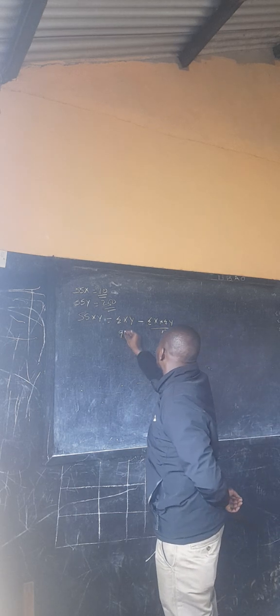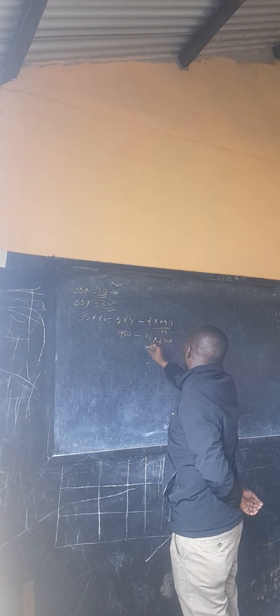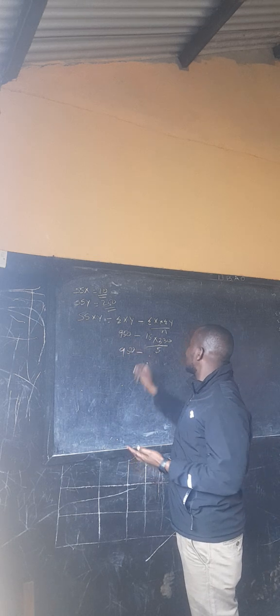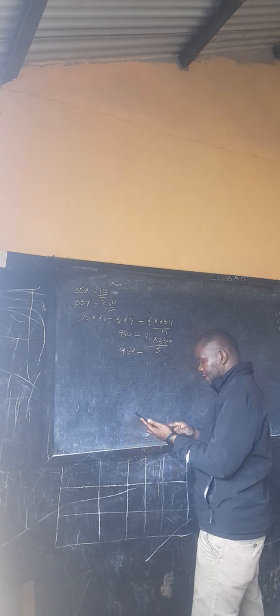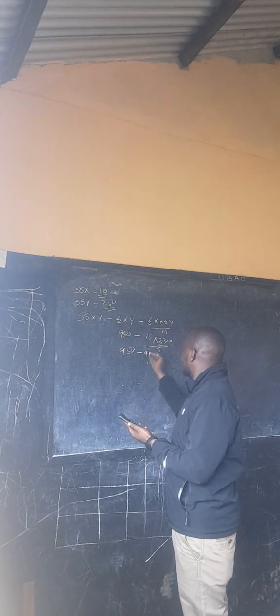Our summation of xy, according to our previous work, was 950, minus summation of x, which was 15, times 330, over n, which was 5 units. So you do 950 minus 15 times 330, you get 4950, divided by 5, you get 990.